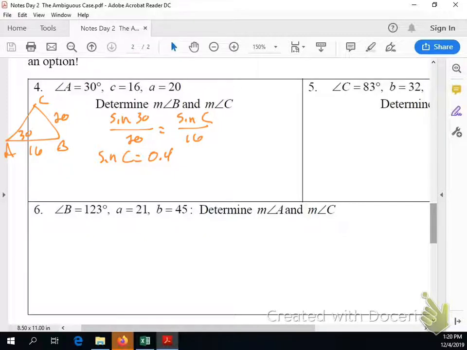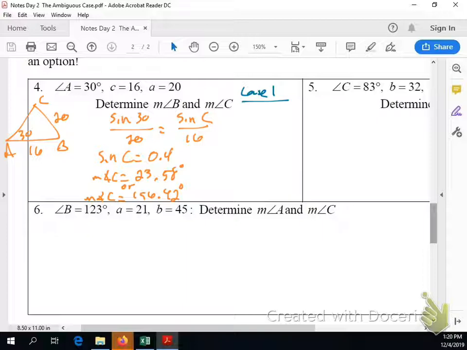We know that's not an angle, so the measure of angle C is going to be inverse sine of 0.4, which is 23.58 degrees. Or it could be 180 minus that, again because sine is positive in quadrant 2. Now, that leads us to, again, a couple of different cases.